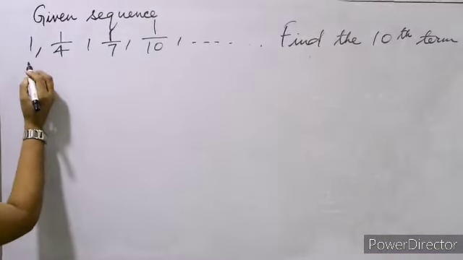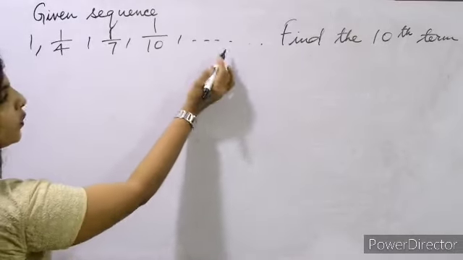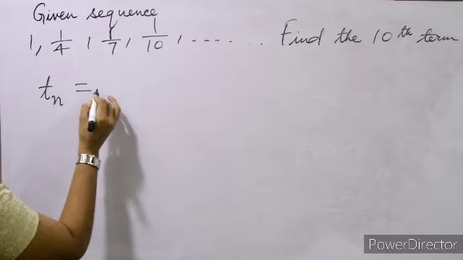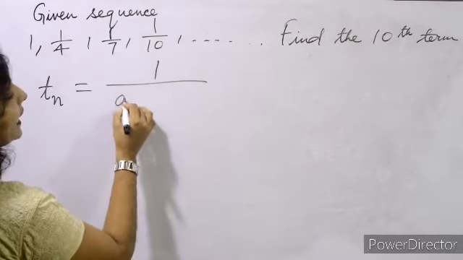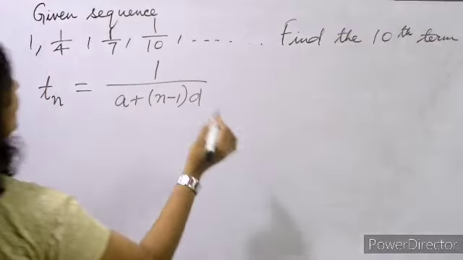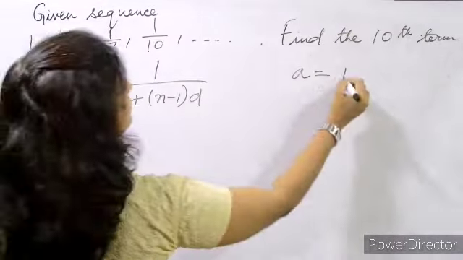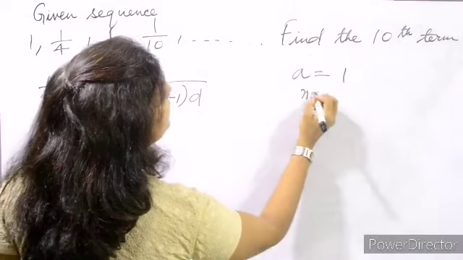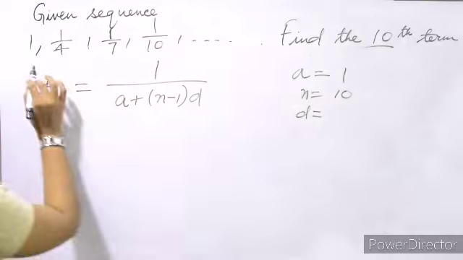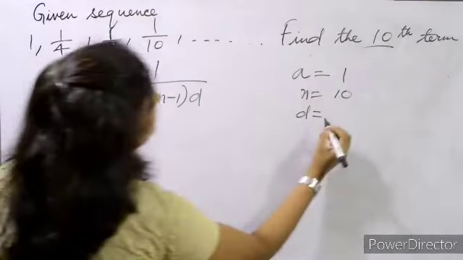The given sequence is 1 upon 4, 1 upon 7, 1 upon 10, and so on. We have to find the 10th term. So Tn will be equal to 1 upon A plus n minus 1 D. A is the first term, which is 4, and n is 10. D is the difference between 4 and 7, that is 3.